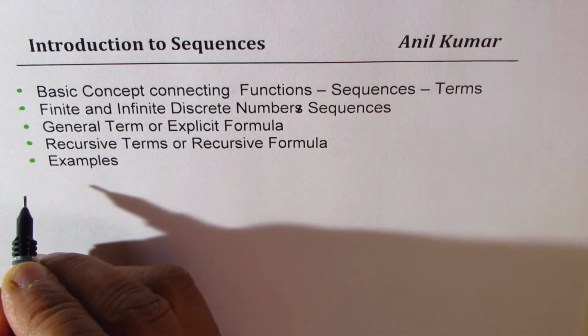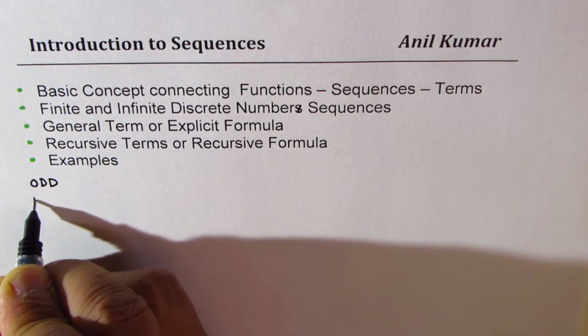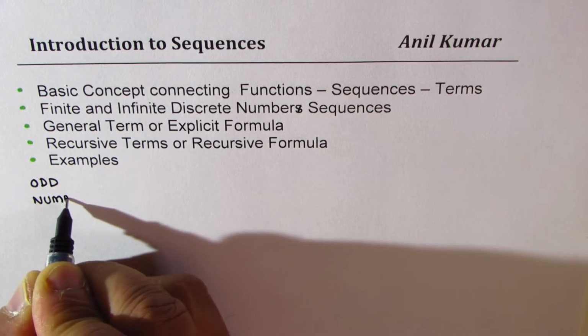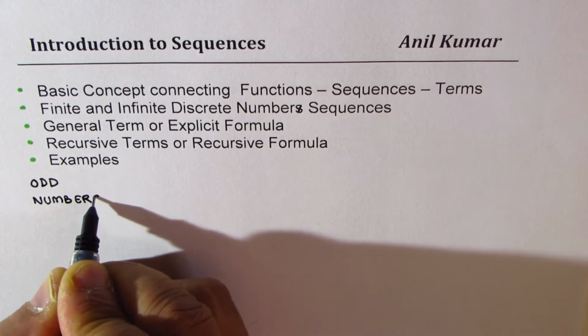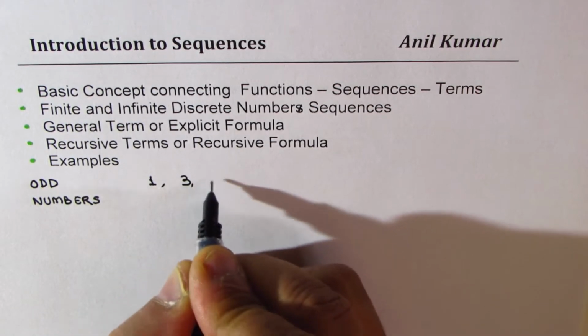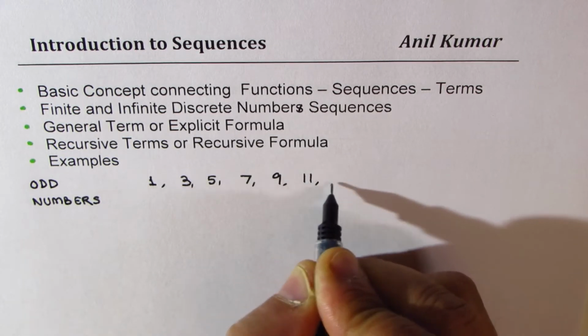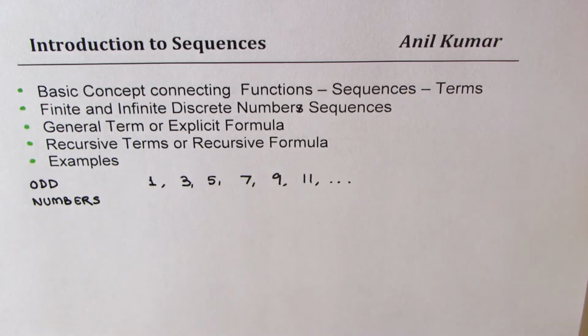Let me take a set of odd numbers to begin with, right? Let's take odd numbers. Odd numbers are numbers like 1, 3, 5, 7, 9, 11, and so on, right? Now these are all discrete numbers.